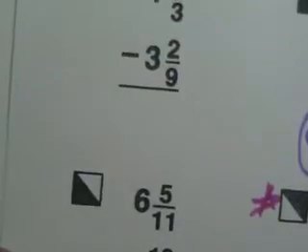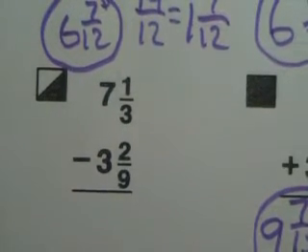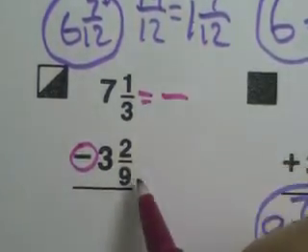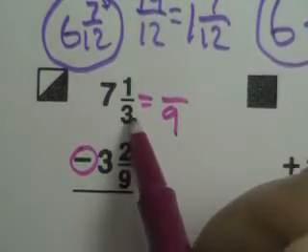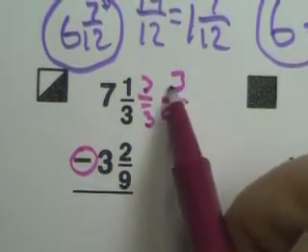Okay, going down. One more, 2 more to go. Okay, this is subtraction. Common denominator is 9. 3 and 9 both go into 9. 3 times 3 is 9. 1 times 3 is 3.